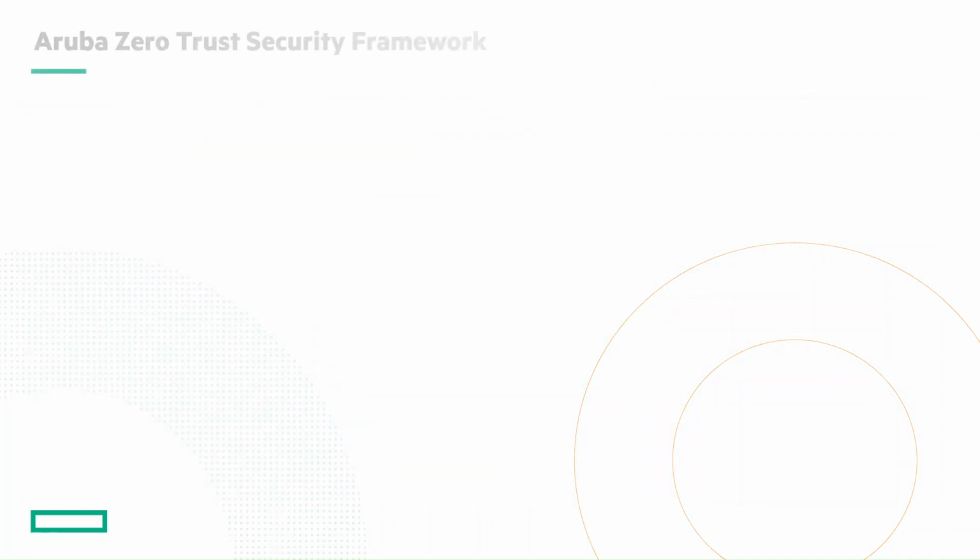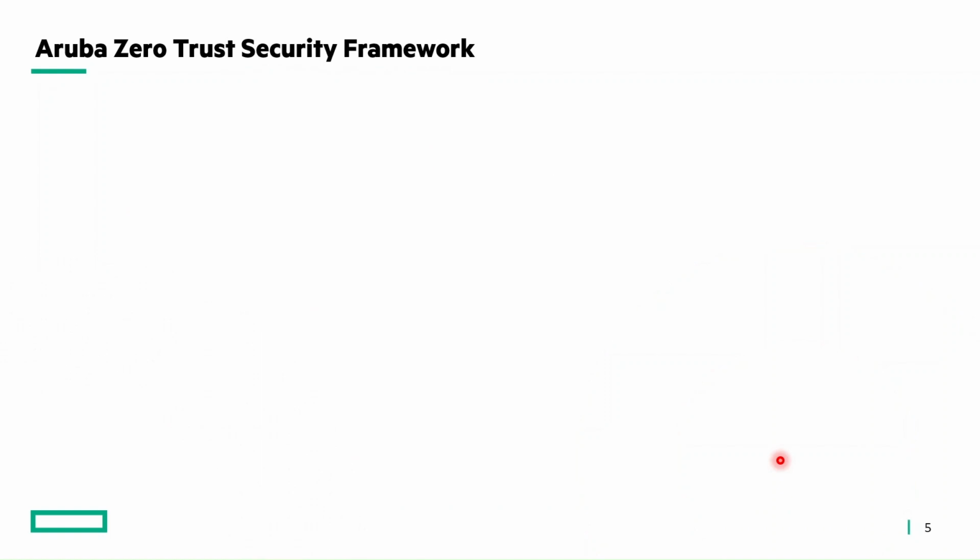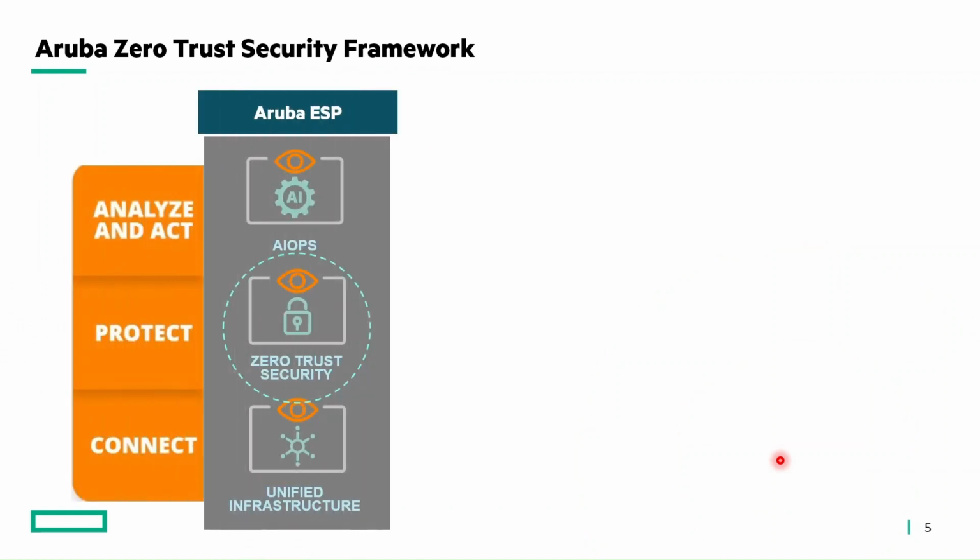These challenges led to the development of Aruba's Zero Trust Security Framework. It is designed to better address the changing security requirements for modern organizations. The Zero Trust Framework improves the security posture, prevents data breaches, and limits lateral movement on the network.